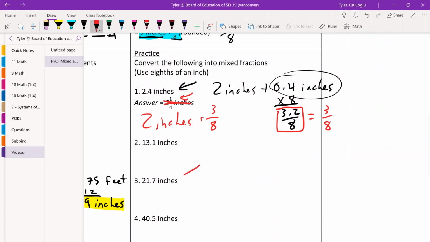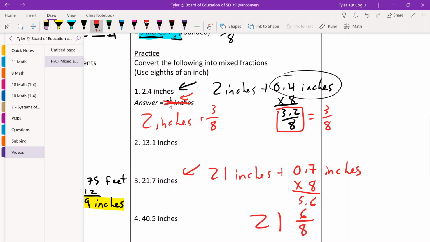Okay. Let's look at this one. 21.7. I'm going to do the 21 inches plus 0.7 inches. I'm going to do the 0.7 times 8 to give me my answer. It gave me 5.6. I'm going to round that up to 6, so that's going to be 6/8.